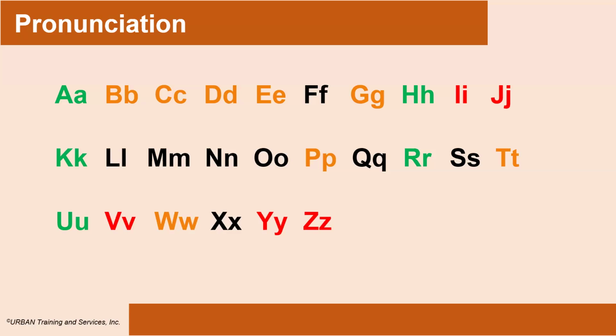Also, the ones in green are different, but nothing too dramatic. A, H, K, R, U. Very doable. Then the ones in orange, they all have the same sound at the end. B, C, D, E, G, P, T, V. The E sound at the end seems to be particularly difficult to make, especially if English is your native language.